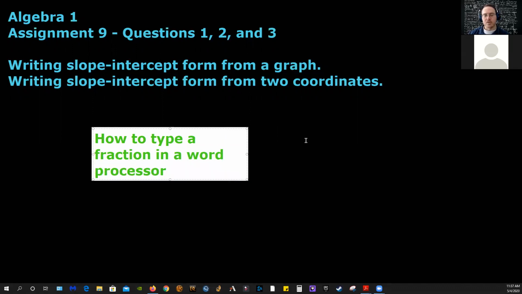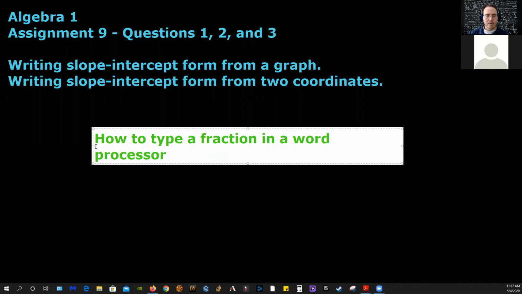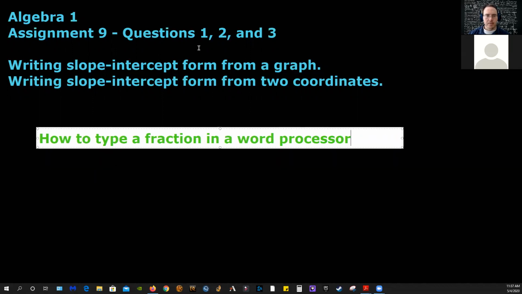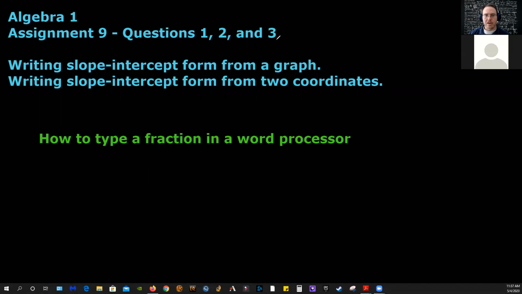A word processor is just software you use to type. Okay, so this has nothing explicitly to do with the lesson, but y'all need to know how to do this. So let's say you had to type 3/4. I have seen a bunch of different weird ways to do that I didn't prescribe, but people do it anyway.